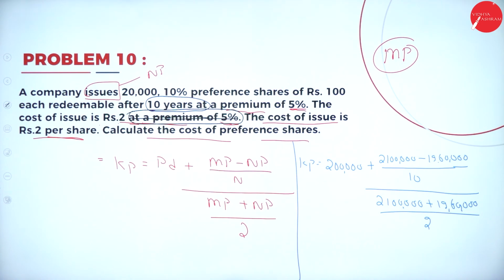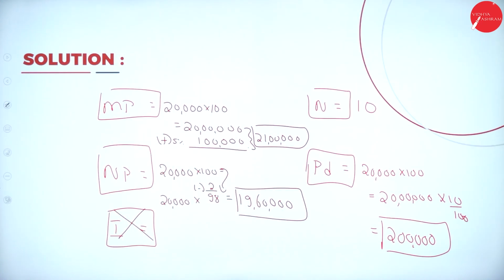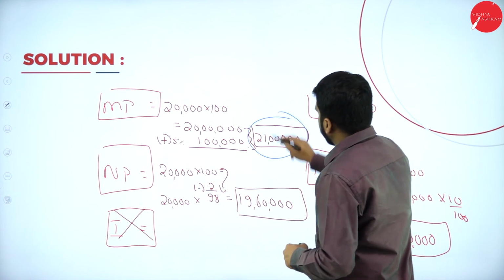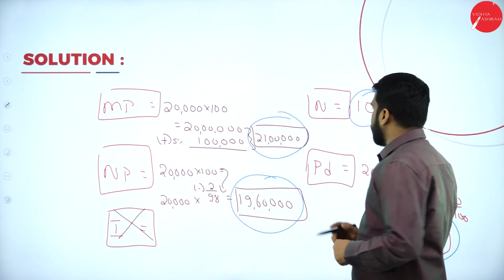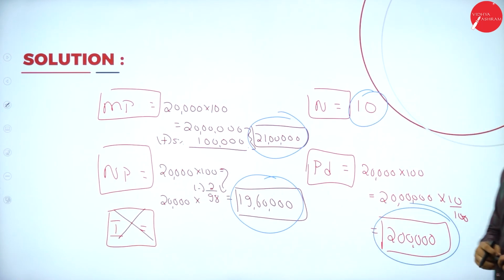So this is the procedure. You have the formula, you have the values also. You just need to simplify. Solution part means I have calculated your number of years, your PD, your NP, and your MP. Each of these is one answer.